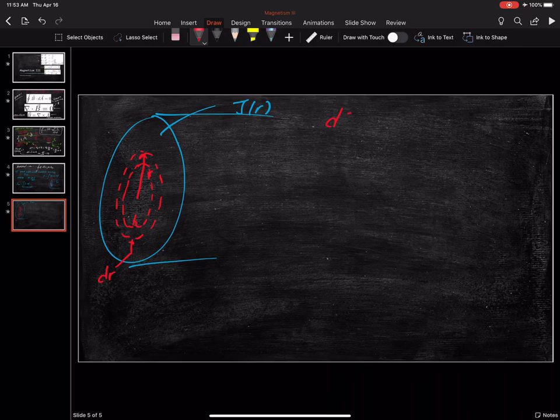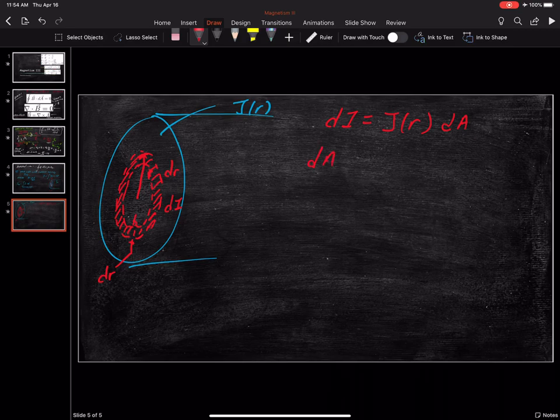Then the little bit of current that passes through that little bit of area, this little thickness dr, this little dI, should be equal to the current per area times the little dA.